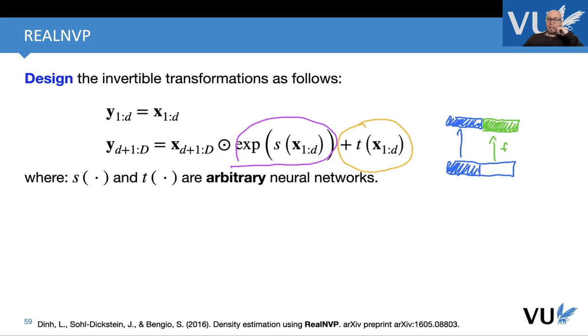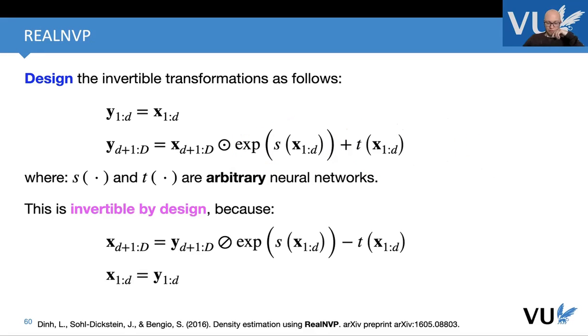And now both S and T are neural networks, an arbitrary neural network, whatever we wish. And a very important thing is that this transformation f is very easily invertible.